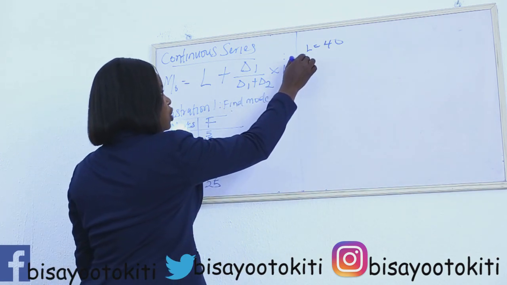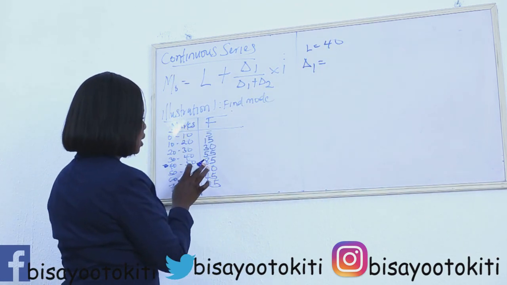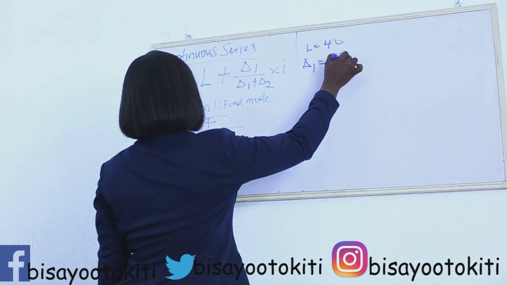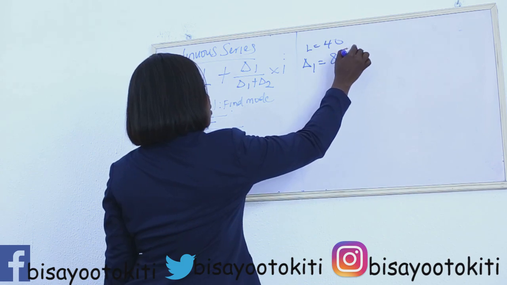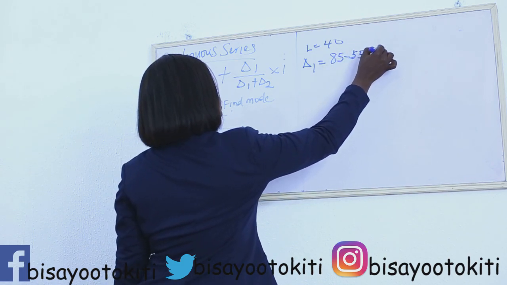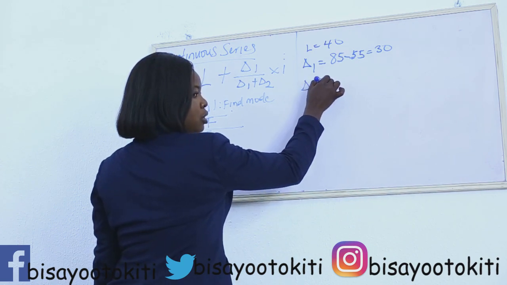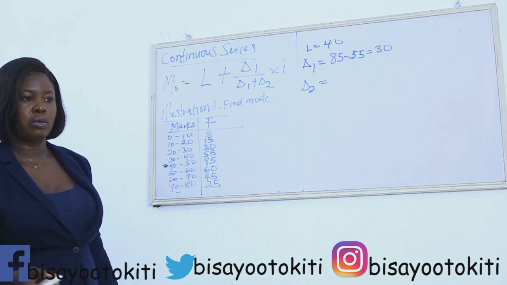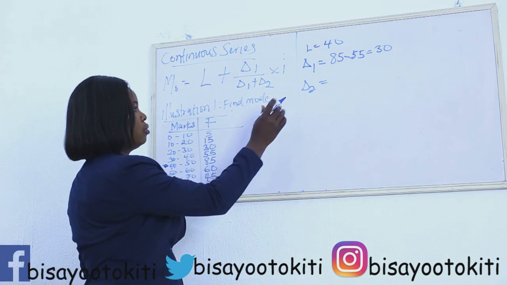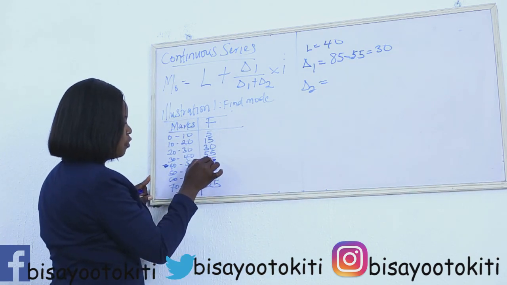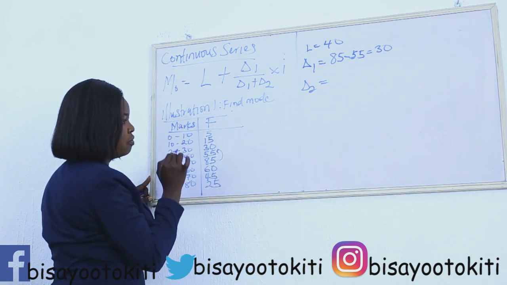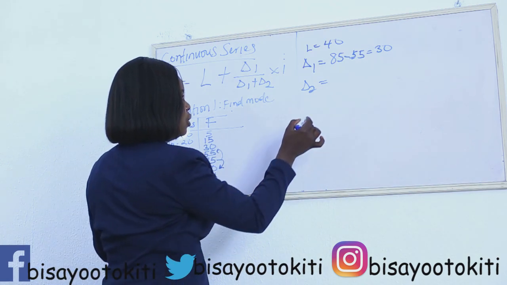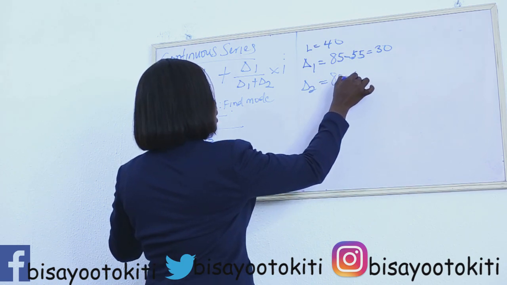Then delta 1, we have said, is the modal class frequency minus the preceding value. That is 85 minus 55, which is equal to 30. Then delta 2 is the modal class frequency minus the succeeding value, which is 85 minus 60.